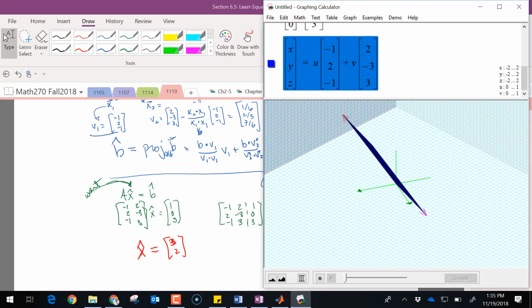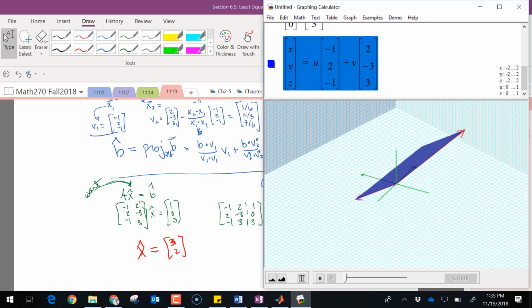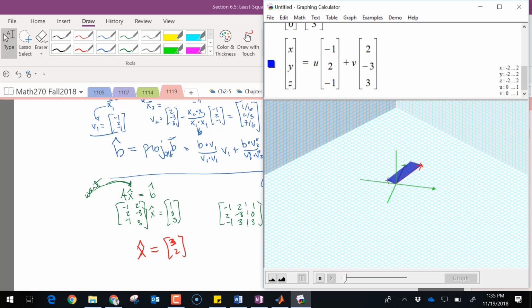I'll make it a little bit transparent and make my plane go out a little bit wider.